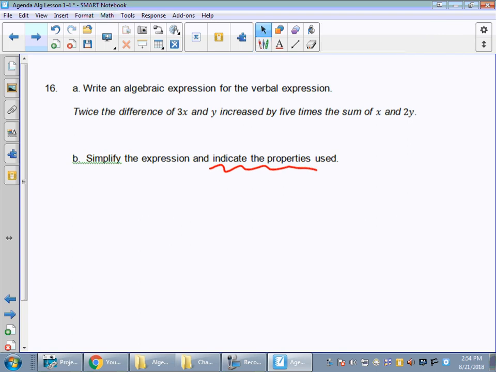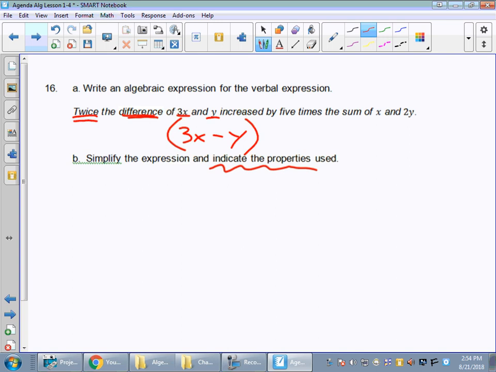Okay? So let's take a look at that first part. The 3x and y, it says twice the difference. Well, difference is a subtraction problem. So we've got 3x and y that we're subtracting, 3x minus y. We're going to put those in parentheses because it says twice that. So twice means to multiply by 2.